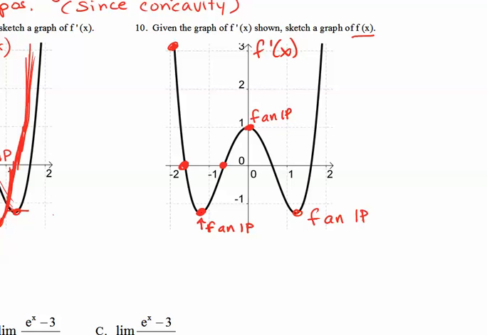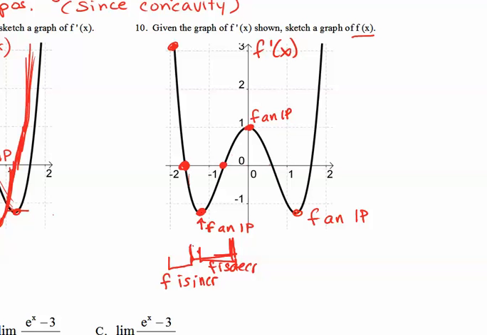So stop and think about all of those. You can make some notes for yourself if you want to. Down here, you could say f is increasing since f prime is positive. And then we've got a short section from here to here where f is decreasing when we get below the axis.